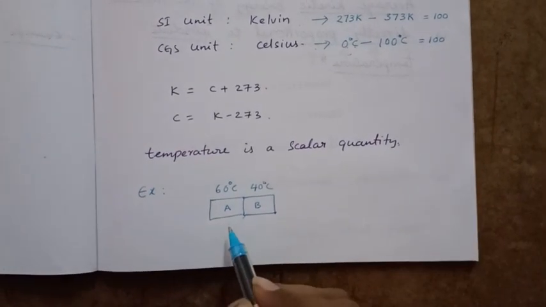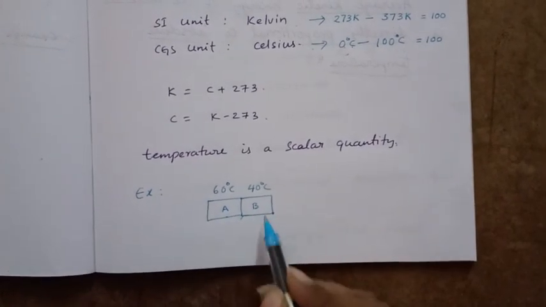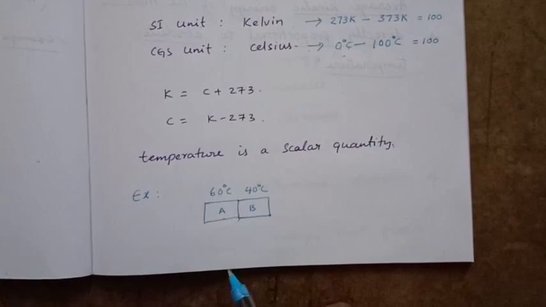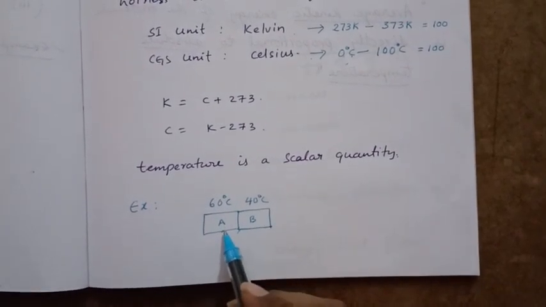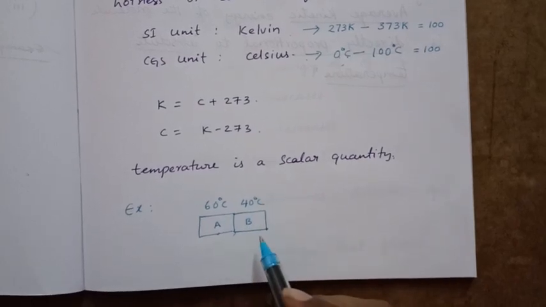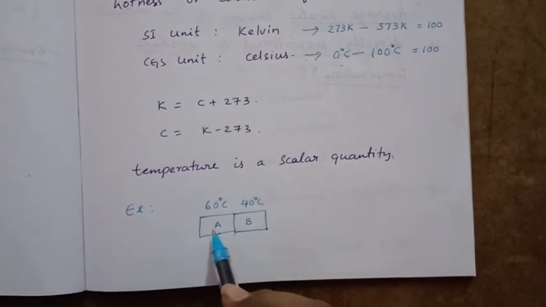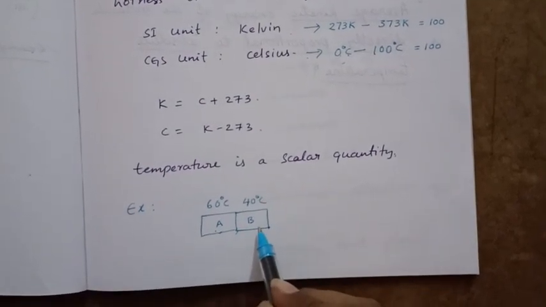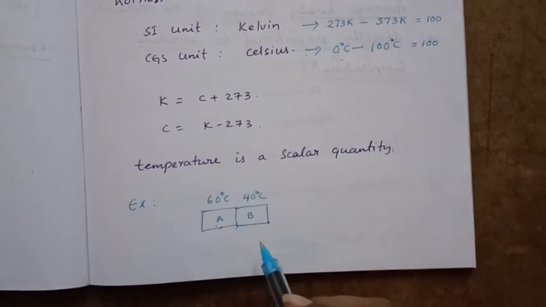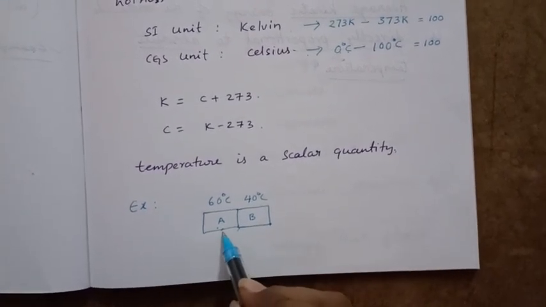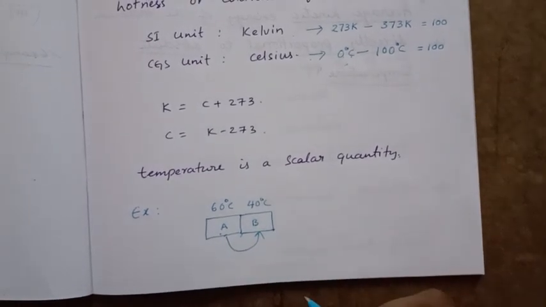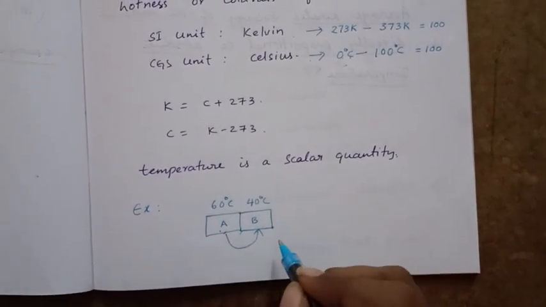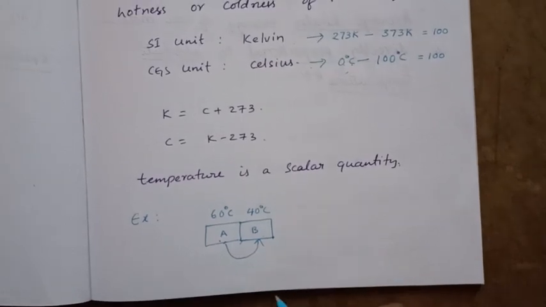Now heat travels from A to B because A has the higher temperature and B has the lower temperature. Up to what extent? Until their temperatures become equal.